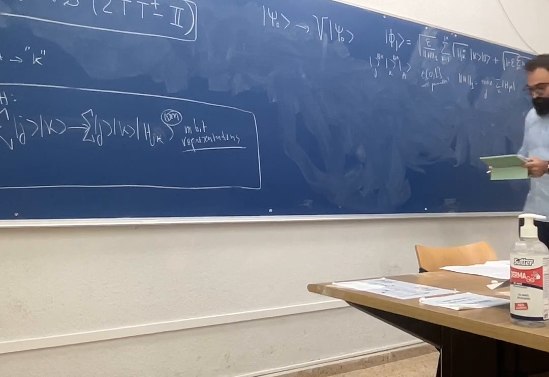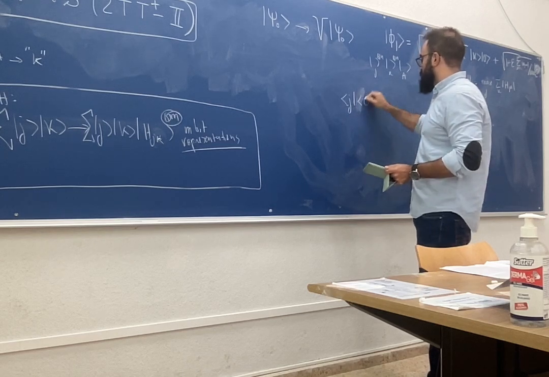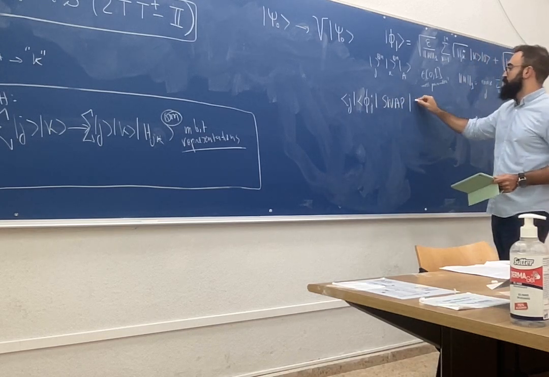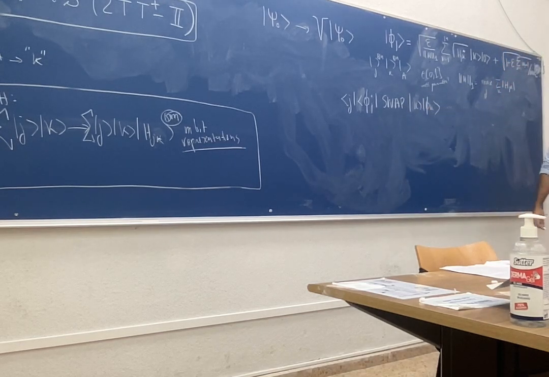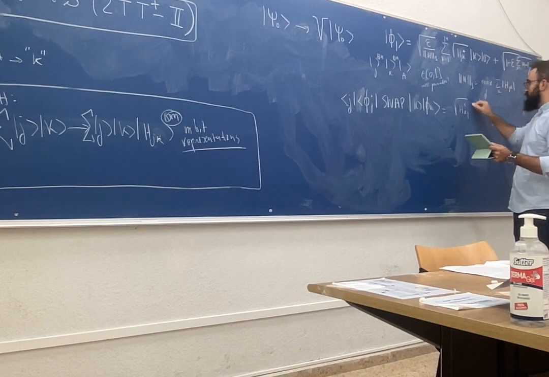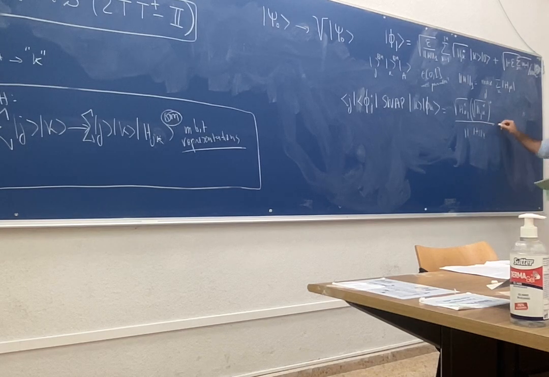So basically, when I compute this operation, this is the square root of something which is proportional to the entry of the Hamiltonian.